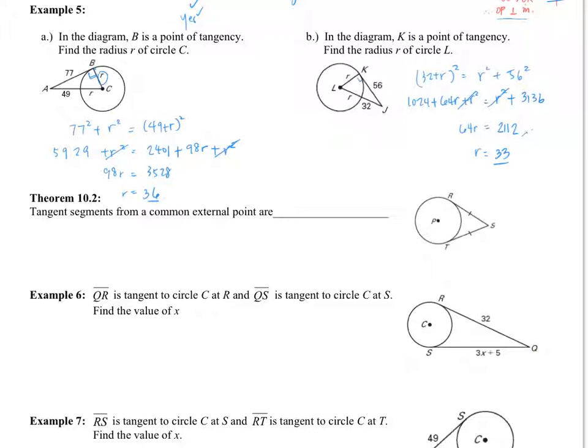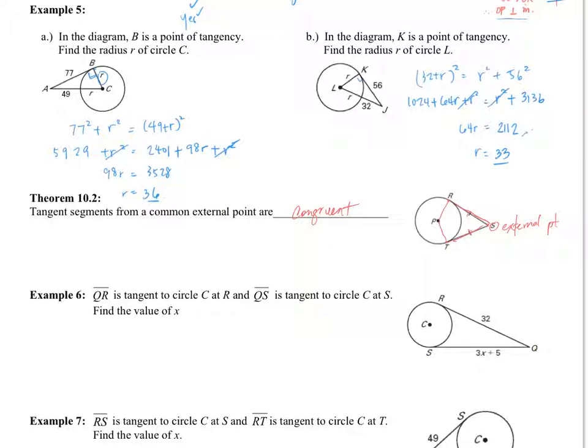Theorem 10.2 states that tangent segments from a common external point are congruent. So if S is your external point, meaning a point outside of the circle, and if they meet at two different tangent points on the circle, then these two segments here have to be congruent.